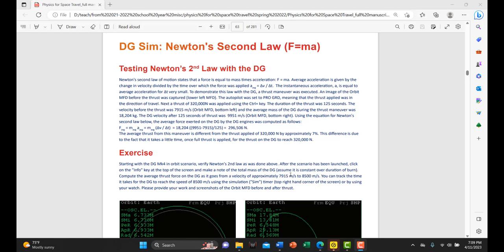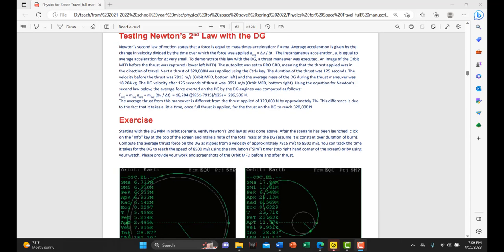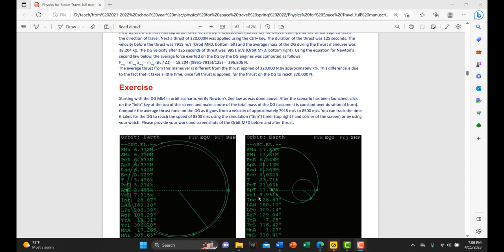Okay, so you try it. Here's an exercise. You'll start from approximately 7915 meters per second as soon as you enter into the simulation. But I want you to take it to 8,500 meters per second and recall the velocity is here on the multifunction display in the cockpit. And then measure the time it takes to get to this 8,500 from wherever you start.